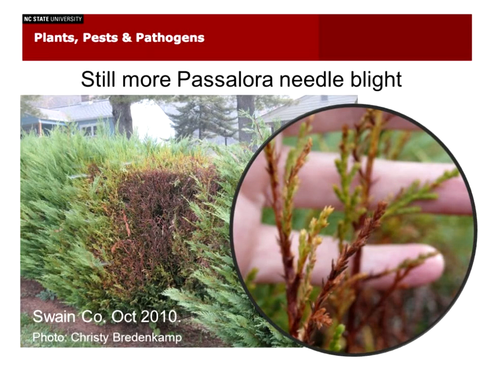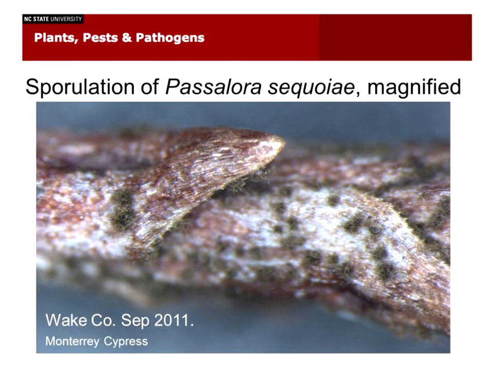This is a picture I've actually showed on Plants, Pests, and Pathogens before from Christy Breedenkamp, a hedge of leyland in Swain County, and pretty heavily infected with Passiflora needle blight in one particular section. And in the close-up there, you can just barely start to see some of the little tufts of fruiting bodies here, which I'll show a further close-up of on this slide.